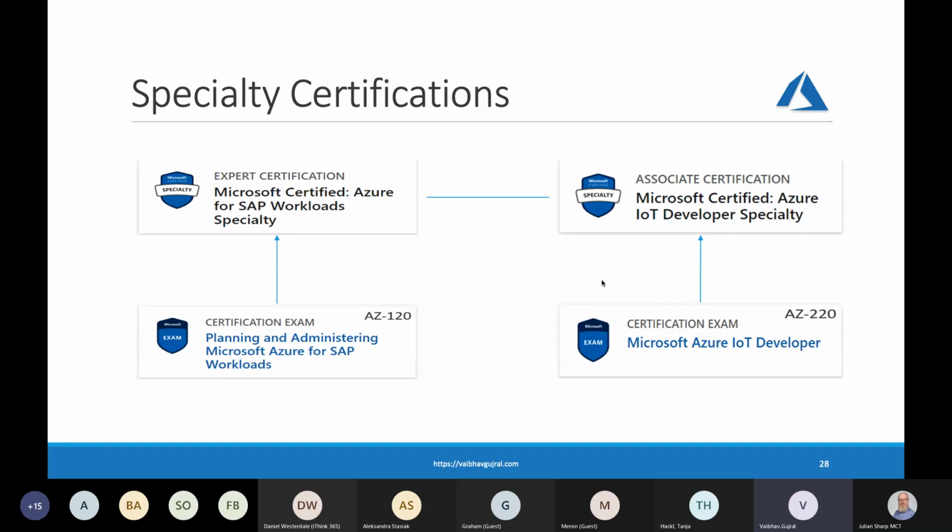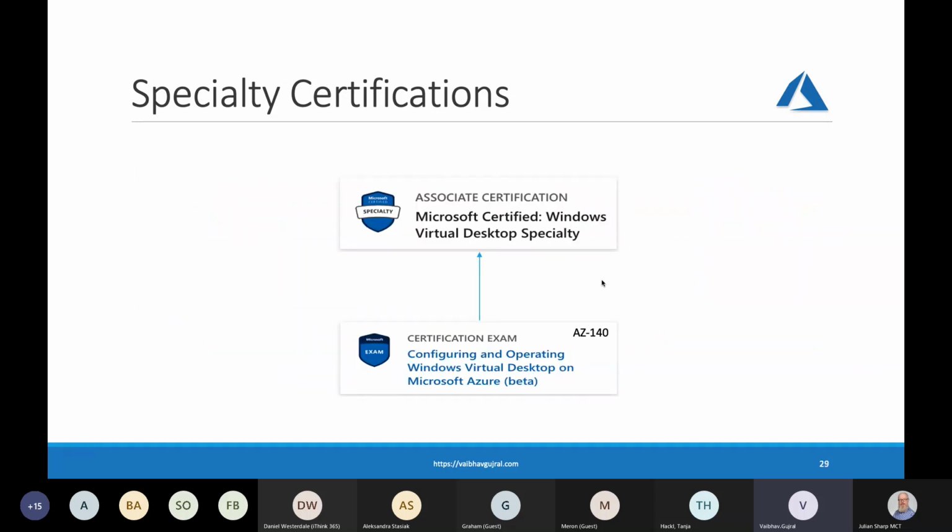The certification number is AZ-220. As I said earlier, there is a new certification for Windows Virtual Desktop administrators who manage WVDs or virtual desktops running in Azure. The exam number is AZ-140. It is still in beta. If you are one of those guys whose job has increased a lot starting with the pandemic, I think this is a good certification for you.